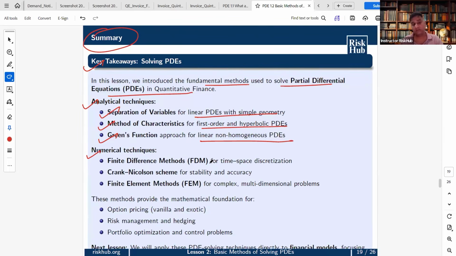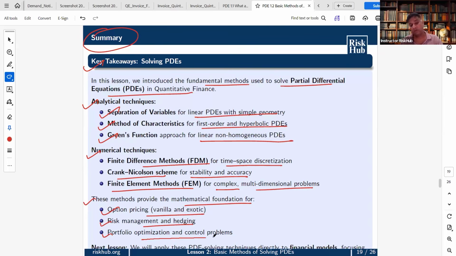Numerical techniques: finite difference method, FDM, for time-space discretization, Crank-Nicolson scheme for stability and accuracy, finite element method for complex multi-dimensional problems. These methods provide the mathematical foundation for option pricing, vanilla and exotic, risk management and hedging, and portfolio optimization and control problems. In the next session, we will apply these PDE solving techniques directly to financial models, right?